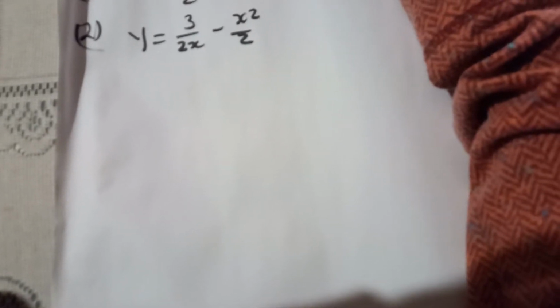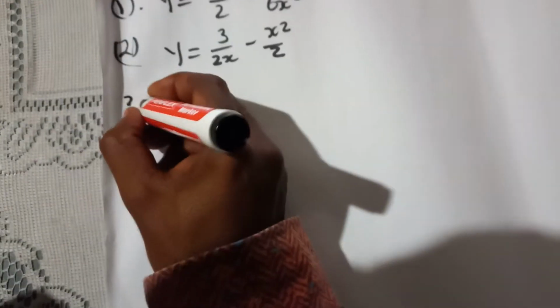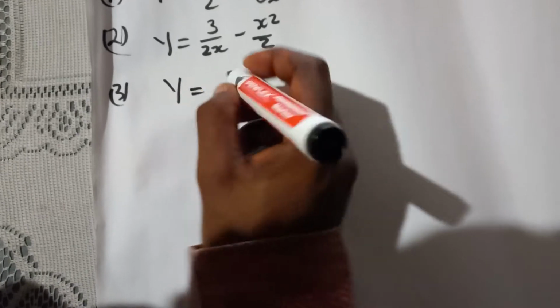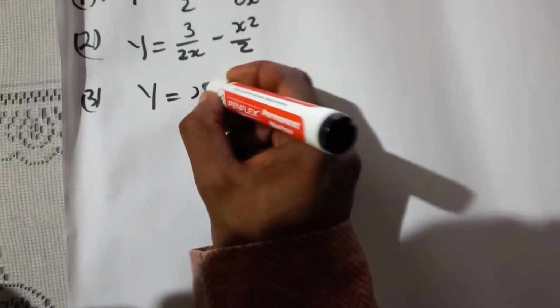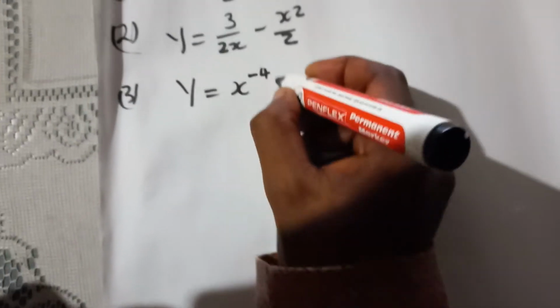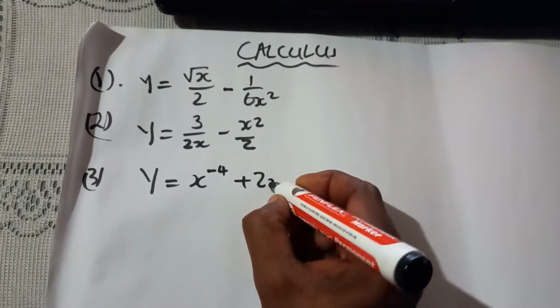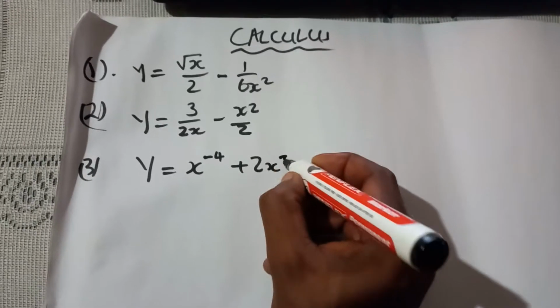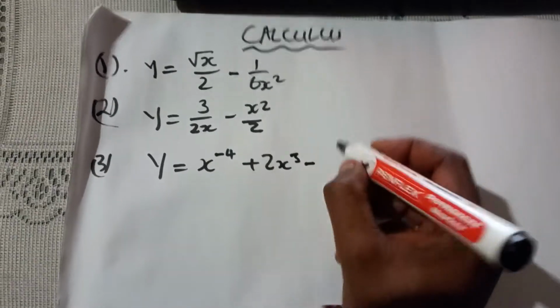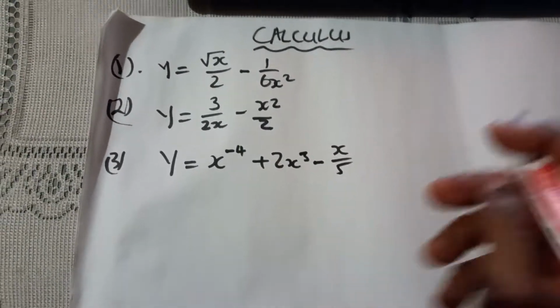Then we have another one that says y is equal to x minus 4 plus 2x to the power 3 minus x over 5.